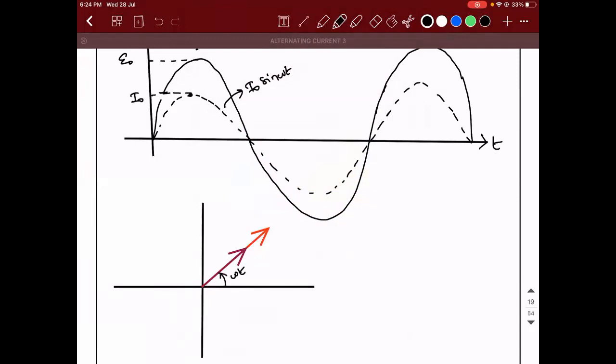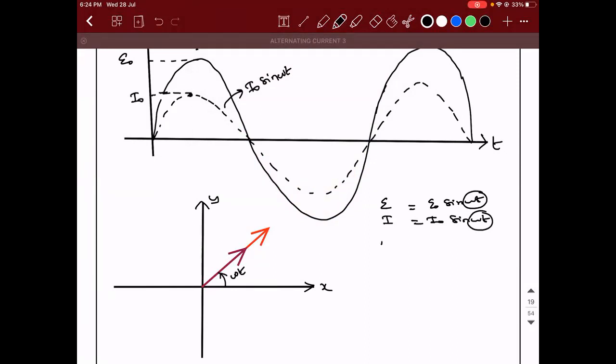Because both are making the same angle with the x-axis. X-axis, y-axis. So I is I naught sine omega t. Sorry, E will be equal to E naught sine omega t, and they both are making the same angle omega t with the x-axis, right?